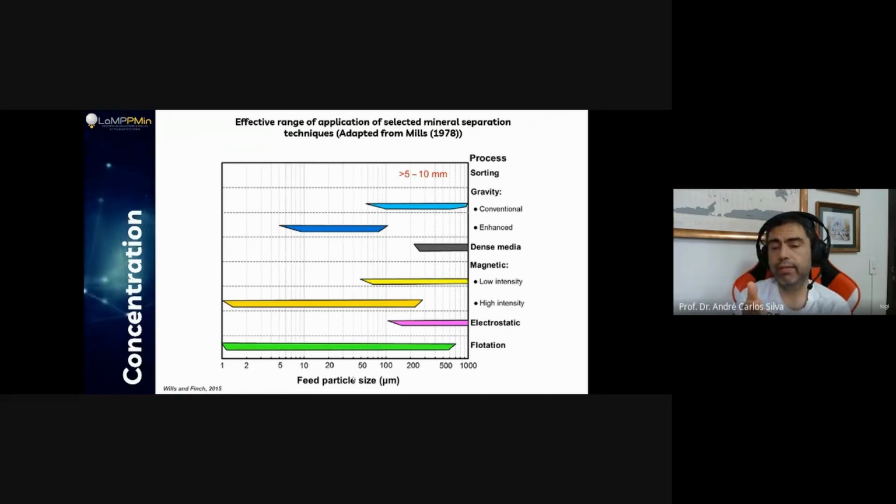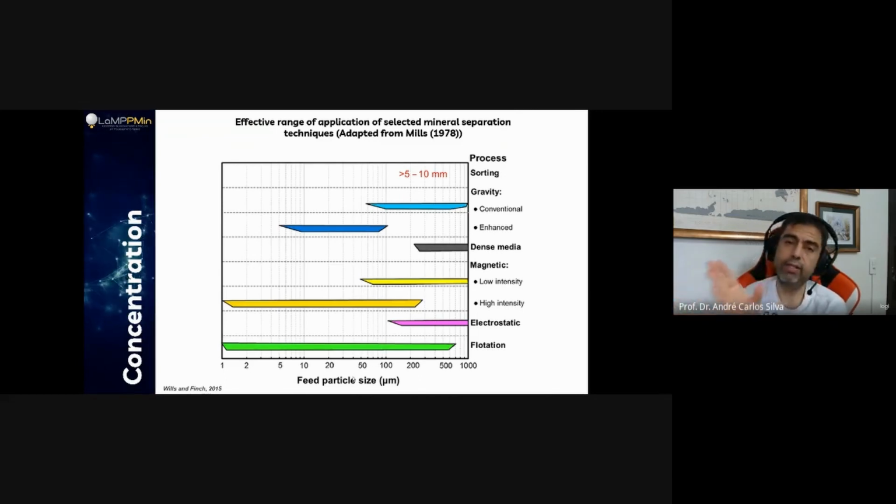Go into magnetic separation. You're going to have to make a split between dry and wet. If you're going to tackle your particles the dry way, definitely you have to go to coarse particles. If you go the wet way, then you can take fine particles. And if you talk about low intensity, high intensity, or high gradient, okay, low intensity is for coarser particles.